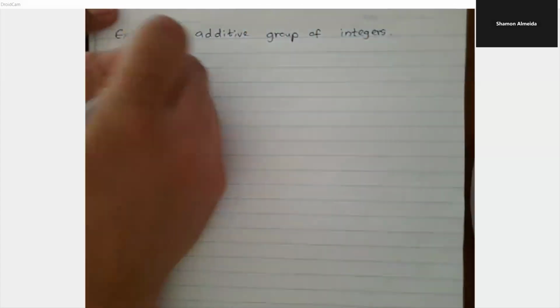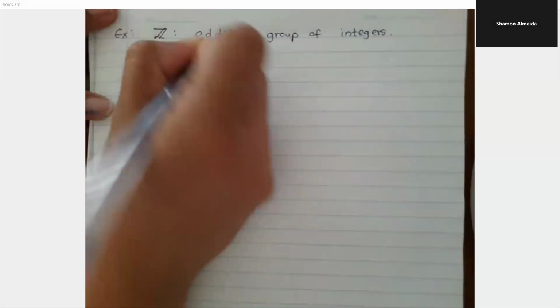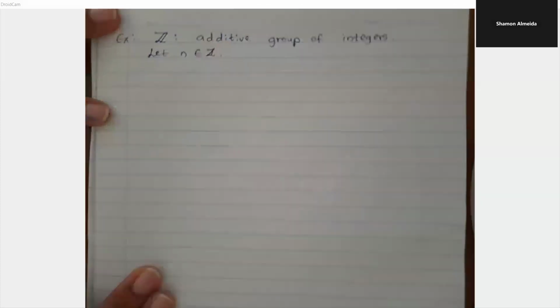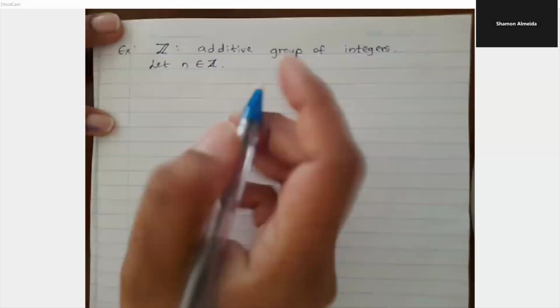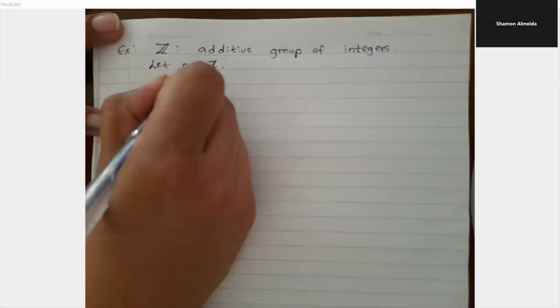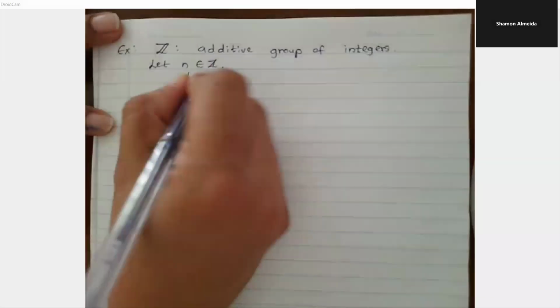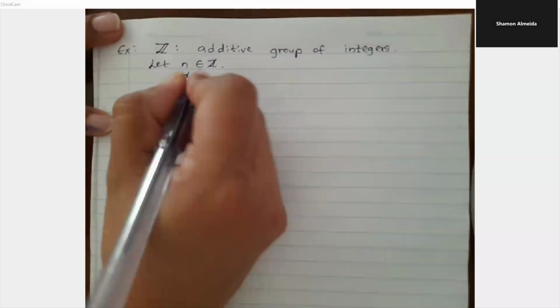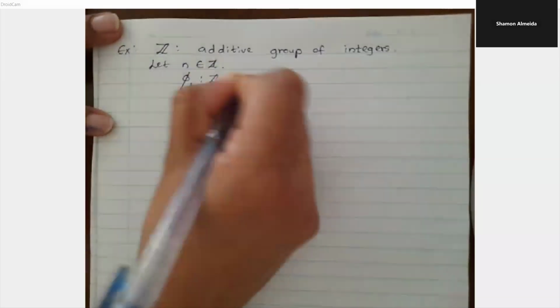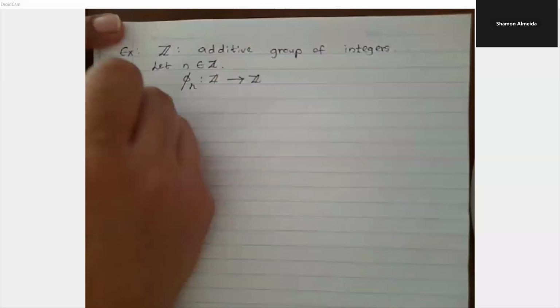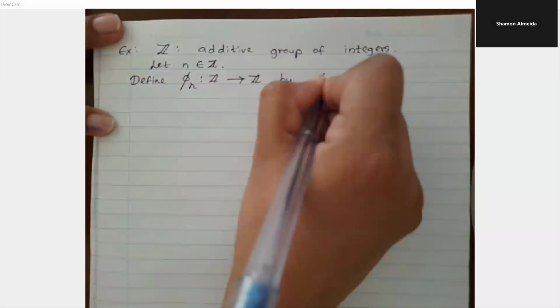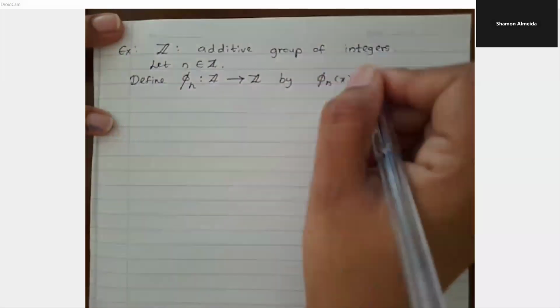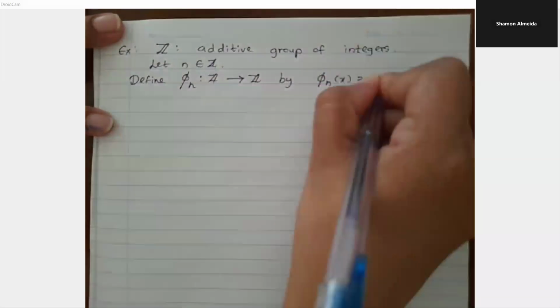Right? And let's fix some value n in Z. So we are fixing a value n in Z. Then we will define a function which I will call phi sub n from Z to itself by phi sub n of x equals n times x.